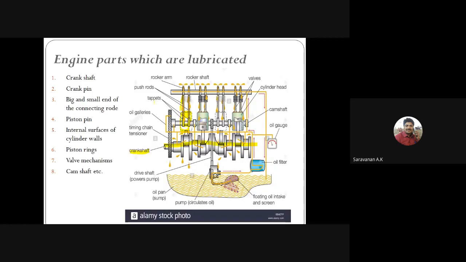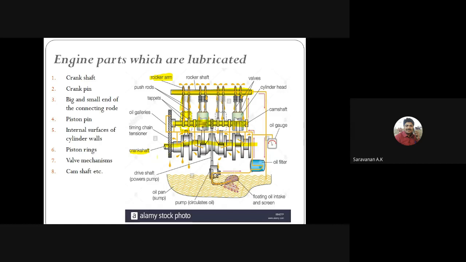Then the rocker arm: the lubricating supply goes through the rocker arm. How will the rocker arm work? It will be worked by the camshaft. Here is the camshaft.